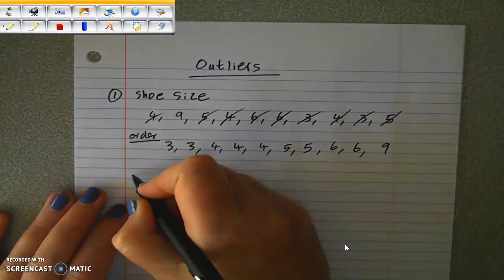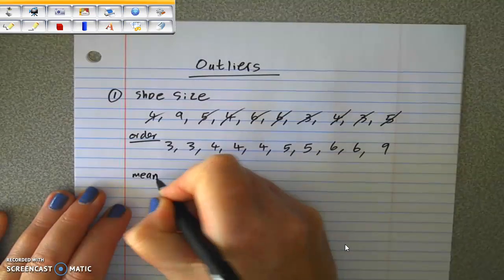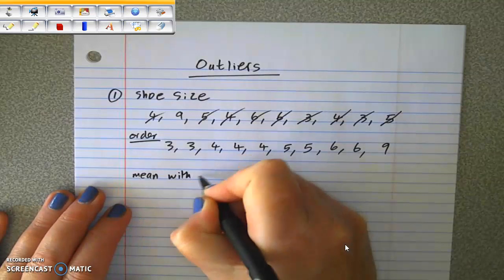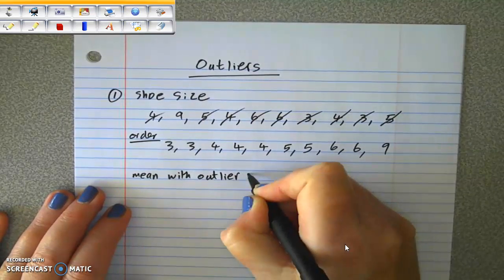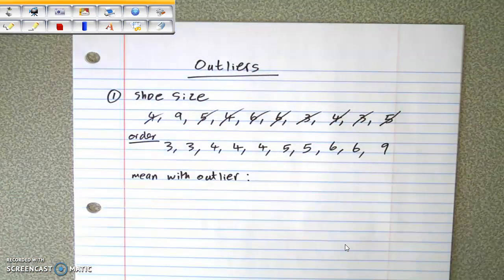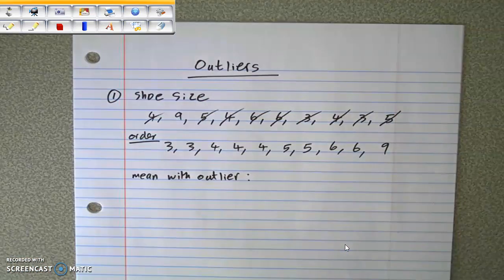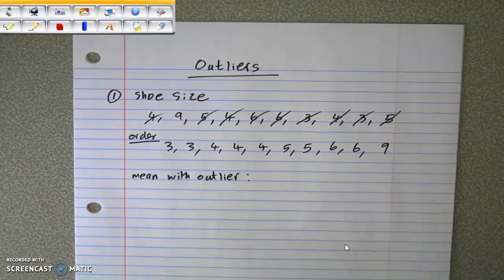So let's have a look at the mean with the outlier. So you're going to add up all the numbers, and then you're going to divide by the number of numbers that there are. So when you add the numbers, you can do that on your calculator. I'll give you a moment.